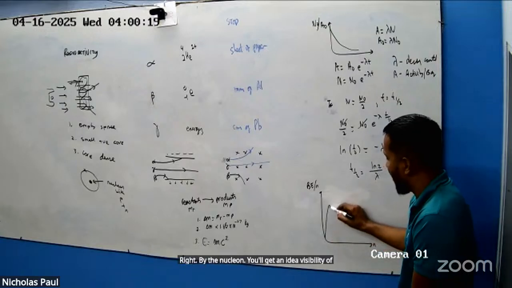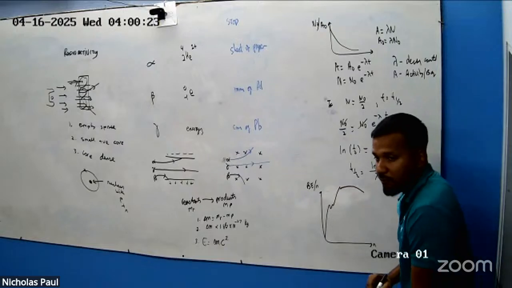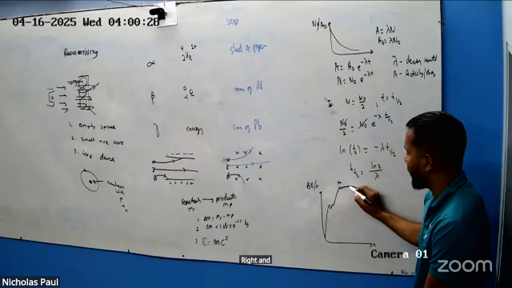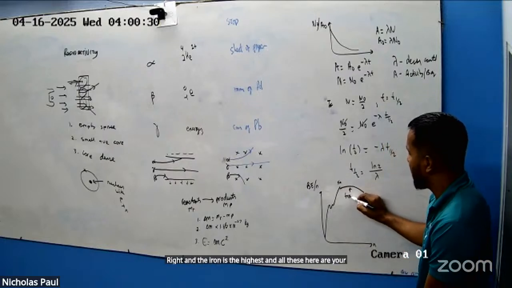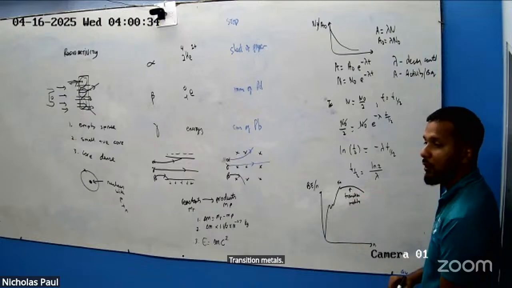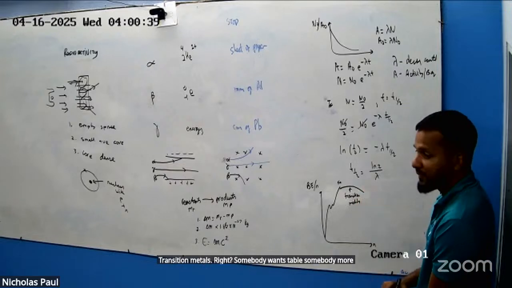And there's a little graph that you have to learn. Iron is the highest, and all these here are your transition metals. Some of the more stable atoms are the transition metals.